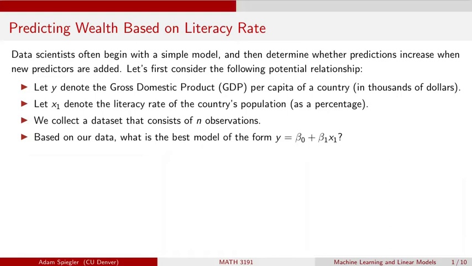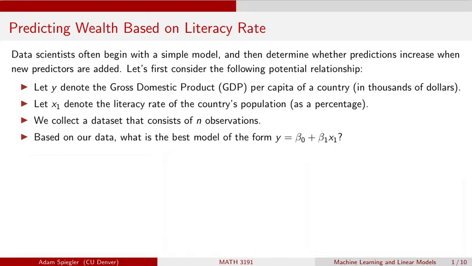And I've collected a data set, and my first predictor that I want to add to this model, we'll denote that variable with an x1, is going to be the literacy rate of the country's population. So what percentage of the population is literate? And we collect a data set that consists of a whole bunch of observations.